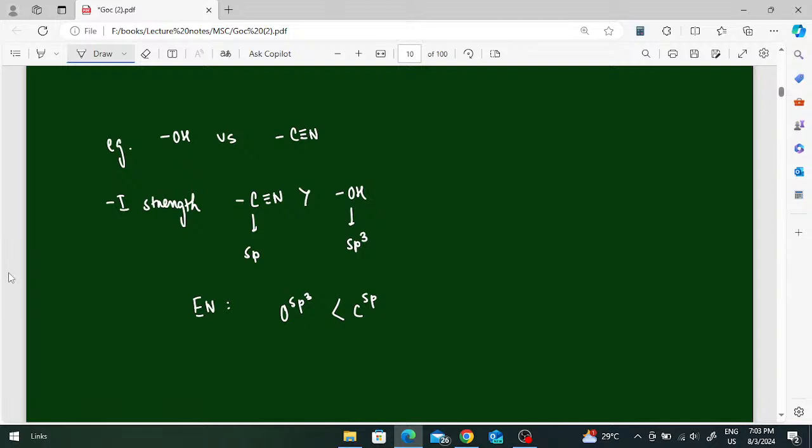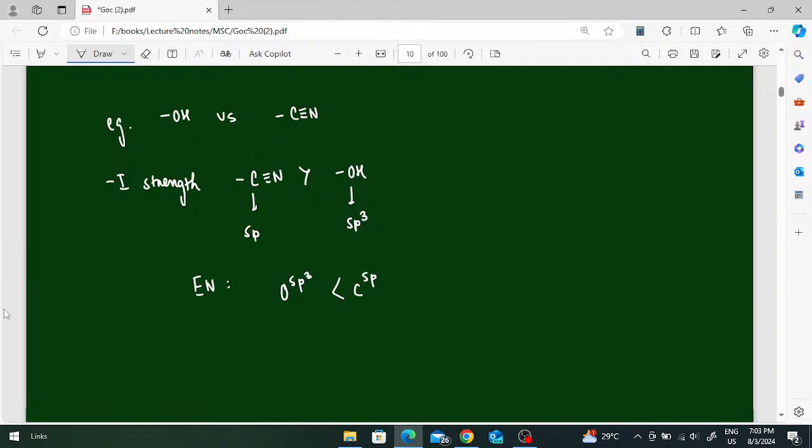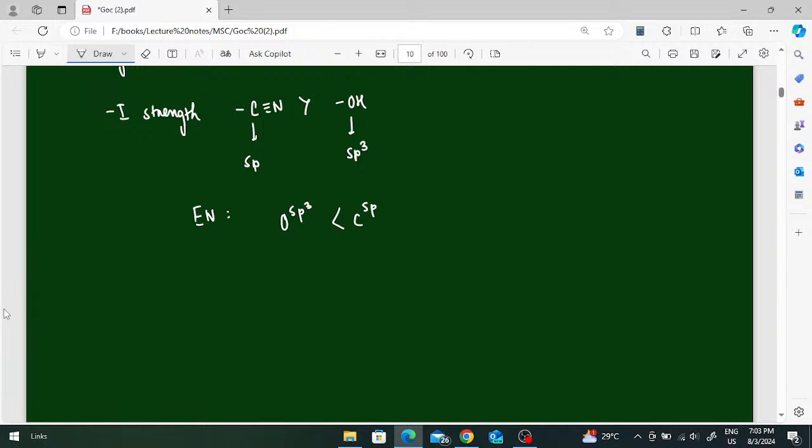For anyone thinking why sp carbon is more electronegative, it's because you have more s character. In sp3 carbon you'll have a long bond, so the CH bond is longer here.